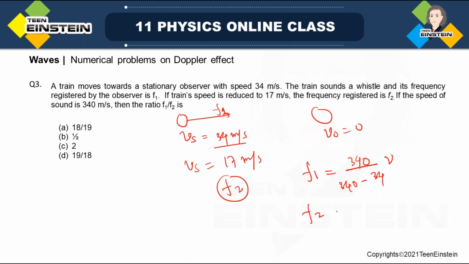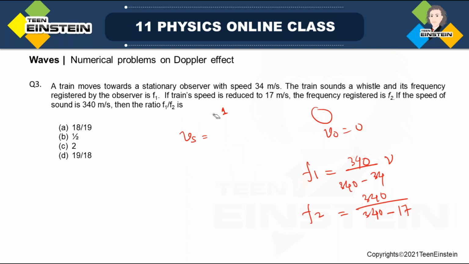And f2 is when the speed is decreased. The 340 is not going to decrease, so 340 minus 17. Now we have to take the ratio and solve this. We have to find the ratio f1 by f2.